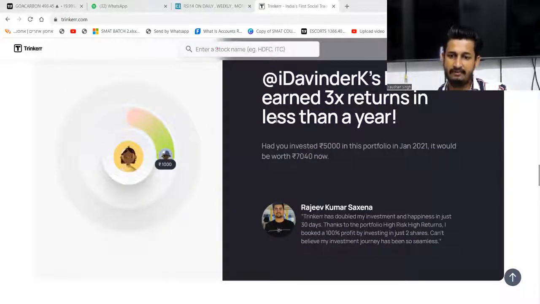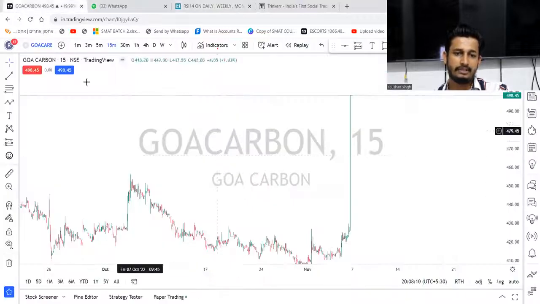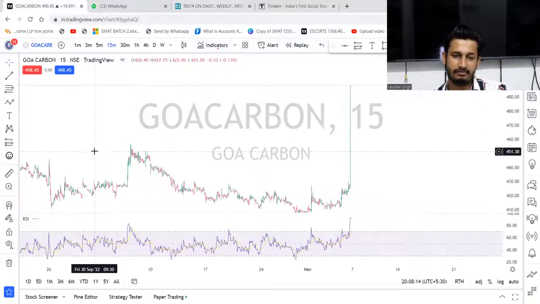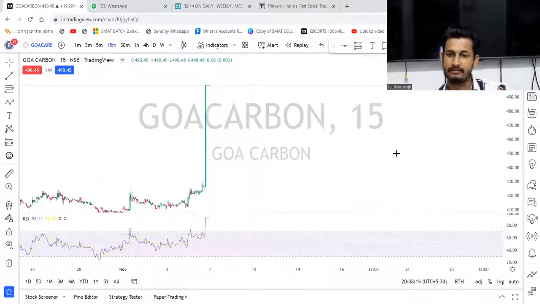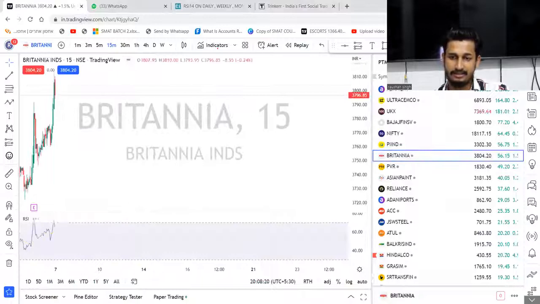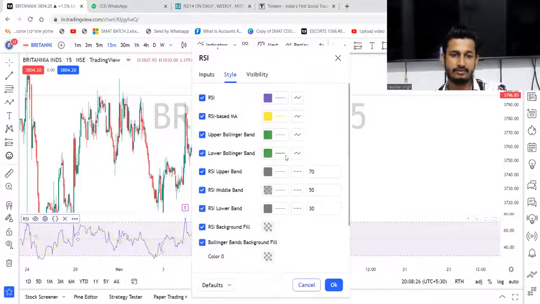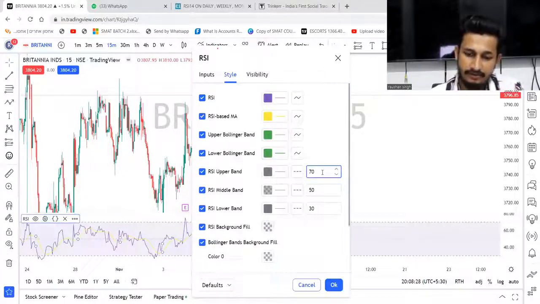How are the RSI band values selected as 30, 50, and 70? See, that is an indicator, and the person who developed it has some kind of coding behind that. First thing is that you can increase this band size as well. If you go to the settings over here, you can increase it to 700 as well.